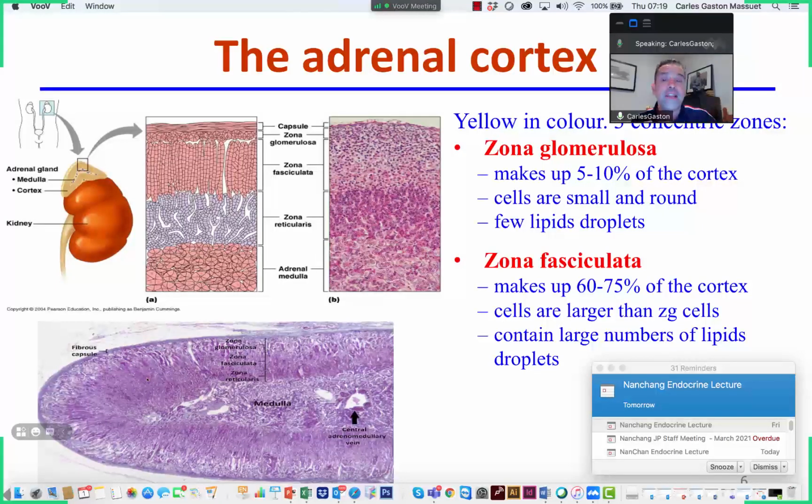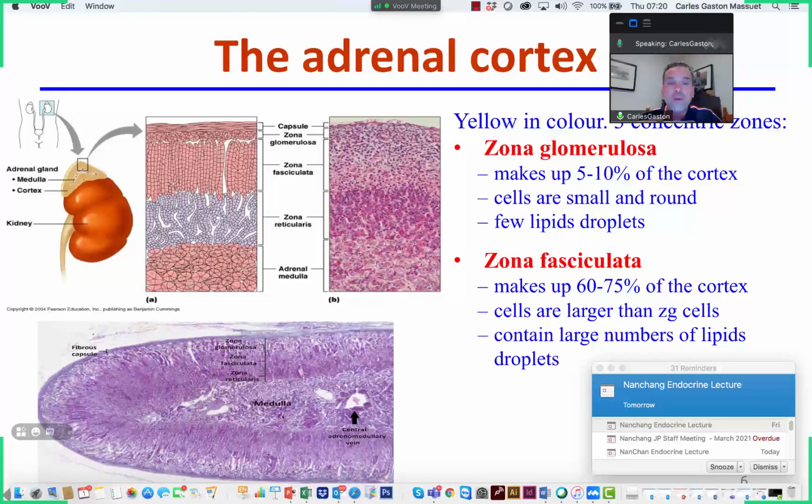As you will see through the talk, each zona produces different enzymes that will modify the steroid hormone to become corticosteroid or sexual androgens or different hormones by modifying the initial component, which is called cholesterol.